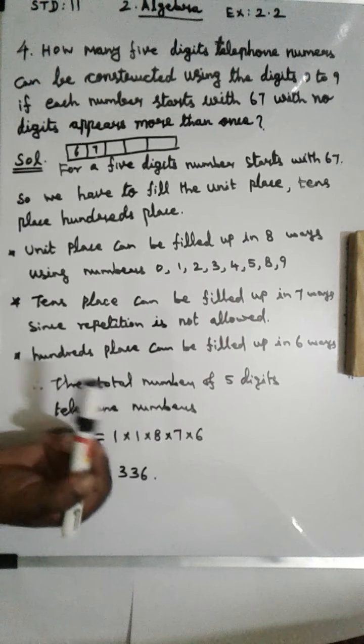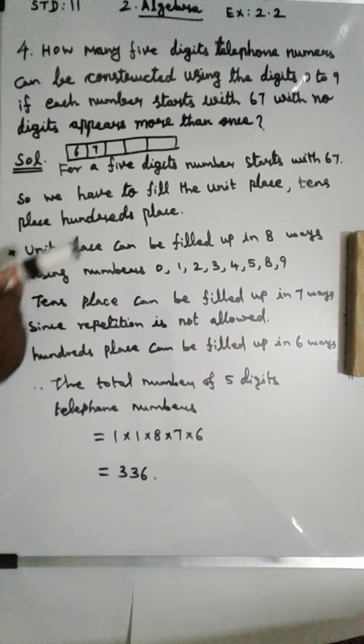The remaining 6 numbers we arrange, then we get telephone numbers.